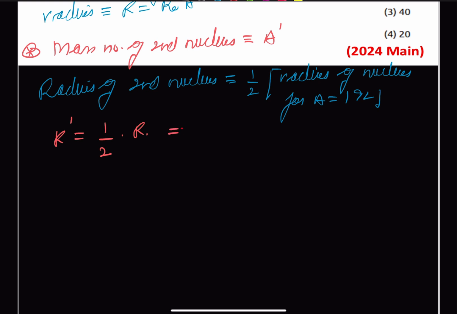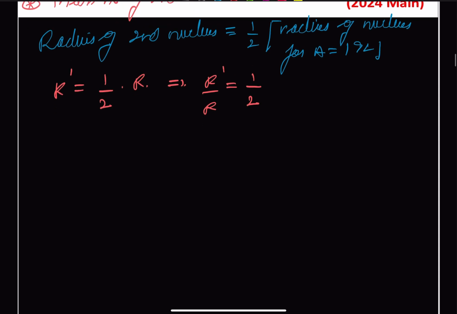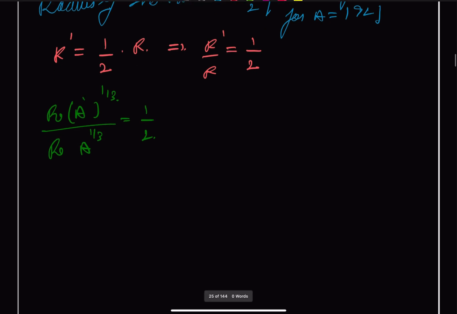From here we get r prime upon r is equal to 1 by 2, and here we can just substitute the equations. So r prime upon r is r naught A prime to the power 1 by 3 divided by r naught A to the power 1 by 3, which is equal to 1 by 2.